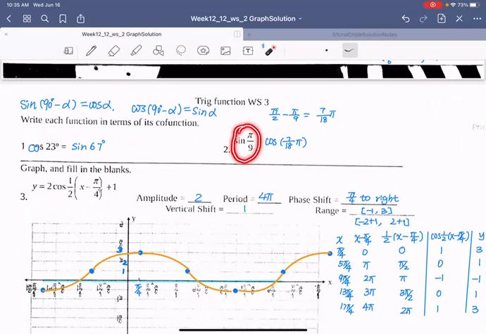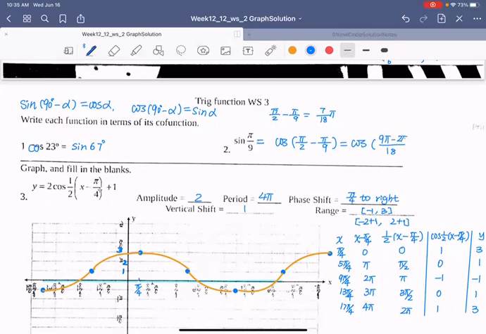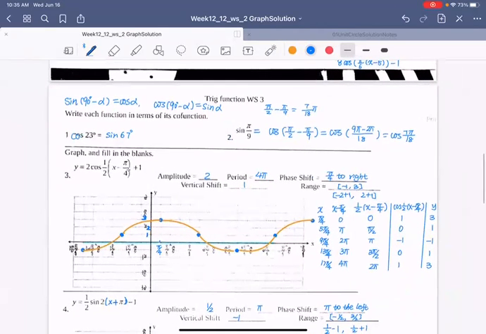Sine pi over 9 is going to equal to, we can rewrite this, okay? This guy is going to equal to cosine pi over 2 minus pi over 9. That equals to cosine 18. So this becomes 9 pi minus 2 pi. This is cosine 7 pi over 18. Okay. Now, let's see how we draw this graph.